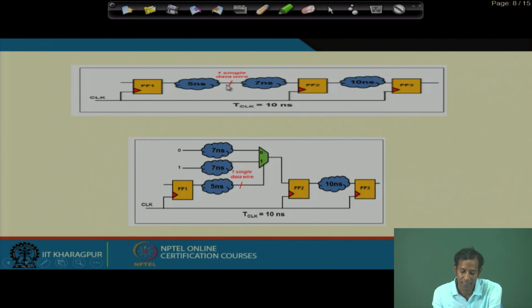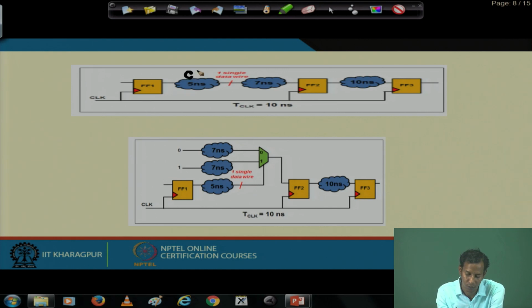As you see, only one single data wire is connected from this combinational block. If I write these as C1, C2 and C3, C1 is connected to C2 with a single wire. Since there is only a single wire, if we can compute these two in parallel, I do not have to wait.